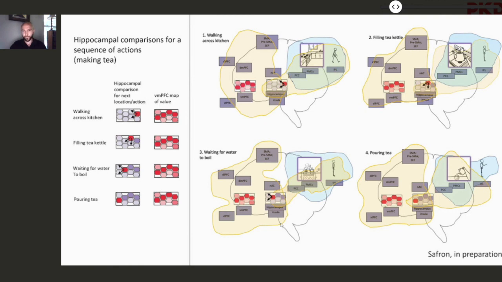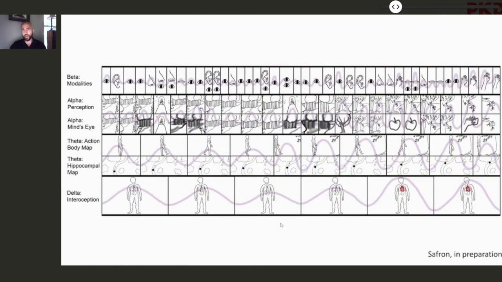And in this way, I'm trying to describe how the hippocampal system might play a particularly important role in allowing for episodic memory and episodic imagination.